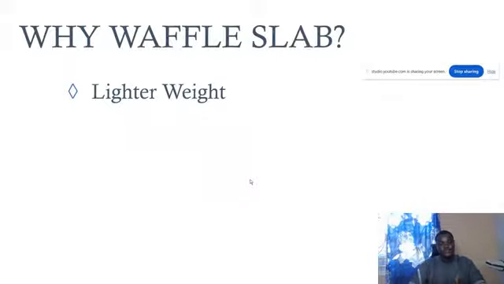You can see from the picture I showed earlier, we have some voids and we have some parts that are concrete. Those areas of void that we've removed have made the weight of the slab reduced and lighter. Because of that, it has a lighter weight compared to corresponding solid and flat slab.